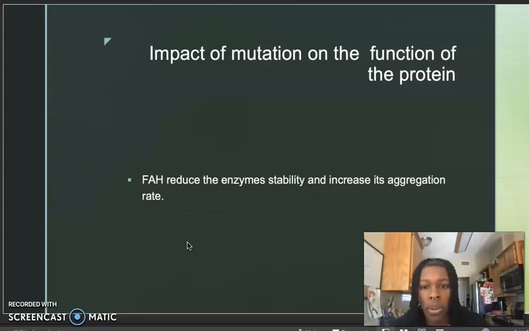When FAH has been impacted by mutation, it triggers different effects. For example, it reduces the enzyme stability and increases its aggregation rate.